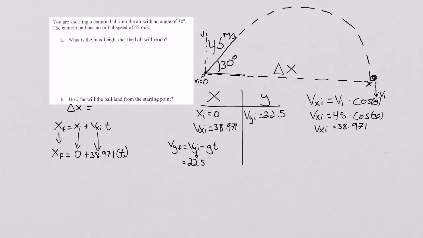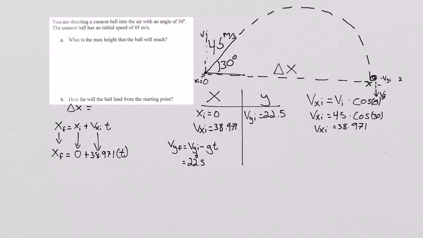So velocity y final, to keep things the same, obviously they have to somewhat correspond with one another. Well, they do. Since velocity y final is going down, it is in the negative direction. So all you have to do is take that velocity y initial and add a negative to it.